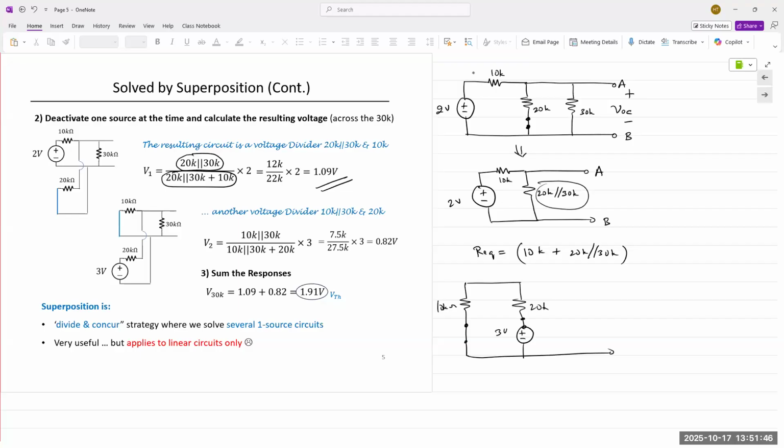The 3-volt source is active. But the circuit has not changed because as far as the circuit is concerned, you still have 10K, you have two resistors in parallel, and it reduces down to exact same as the one above.